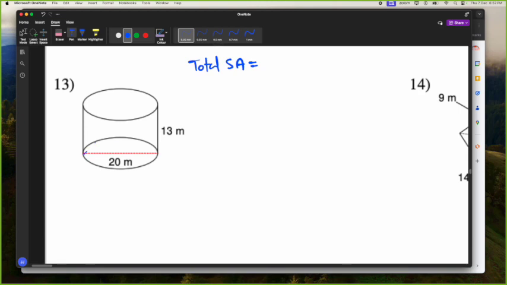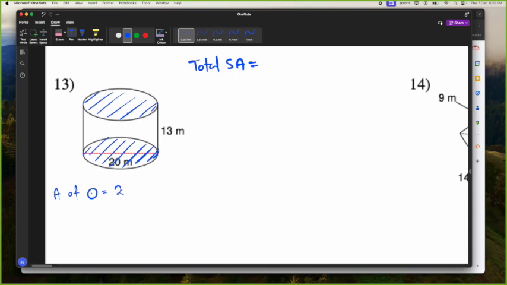Well, first, I would have to find the area of this circle here as the base circle, and then I'll have to find the area of this circle here. These two circles are the same, so I could find the area of one and then multiply it by 2.